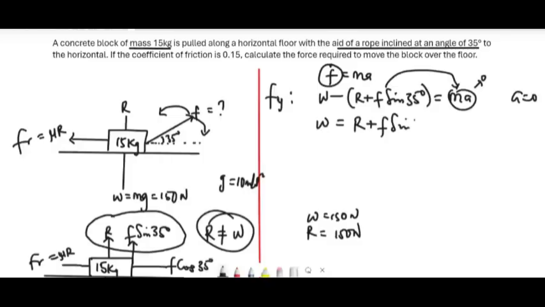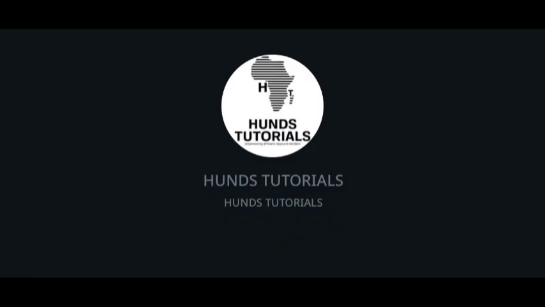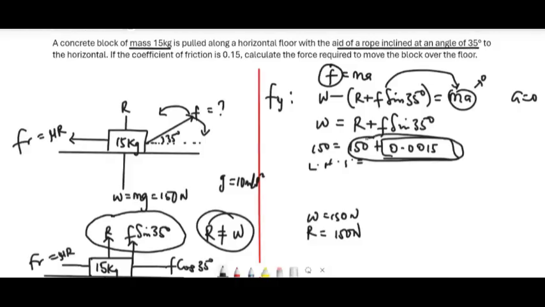Now, if W is 150 newtons and R is 150 newtons, the F sine 35 term must give you a value, even if it is an infinitesimal value, very small, 0.0015. At this junction, even if it is as small as this, the left-hand side is not equal to the right-hand side. Hence, R must be something less than 150 so that the left-hand side can be equal to the right-hand side. Does that make sense, right?